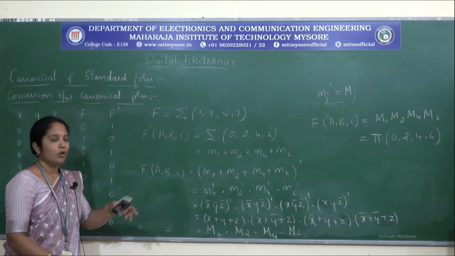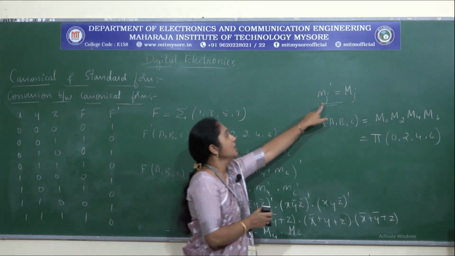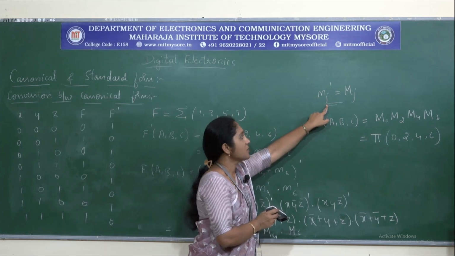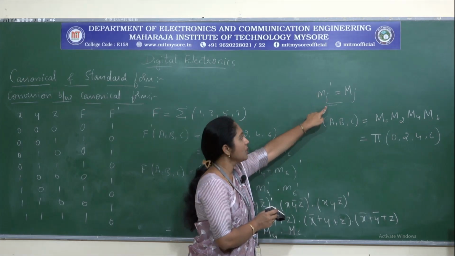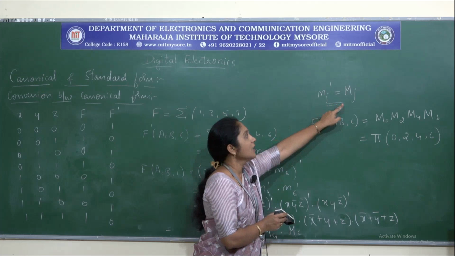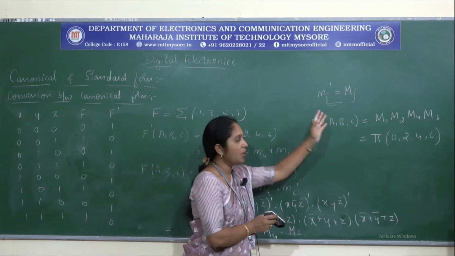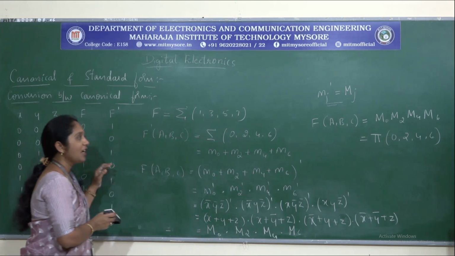So any minterm with subscript j, if you take the complement of it, is going to give you the Maxterm with the same subscript. That is the conclusion we have here.